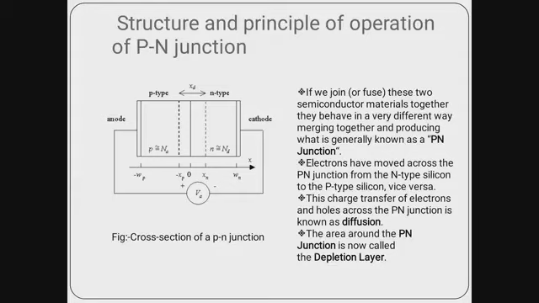The width of these p and n layers basically depends on the doping concentrations. If the doping concentration is high, the width is smaller, or the width is reduced. If the doping concentration is very low, then the width of the barrier is increased.